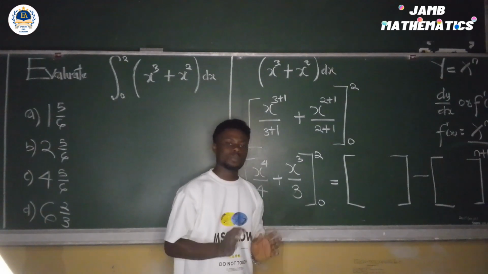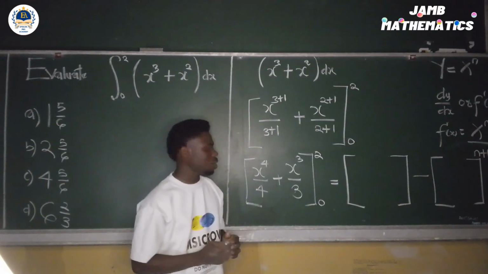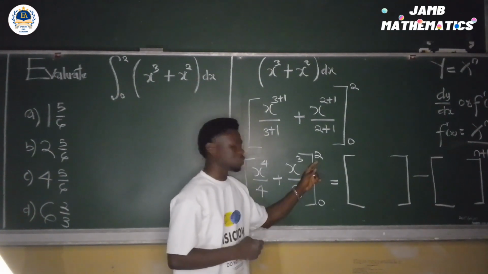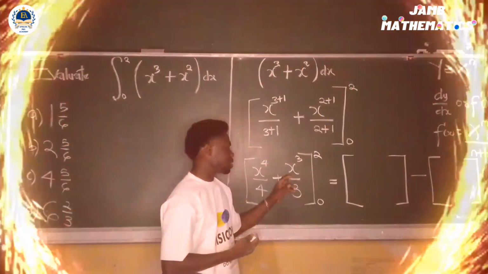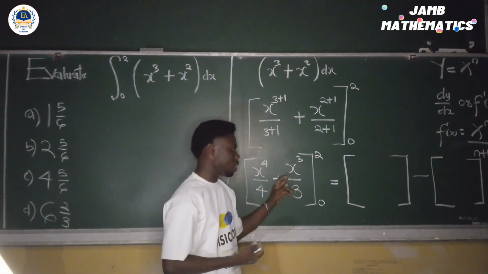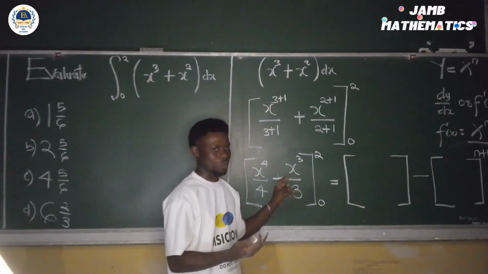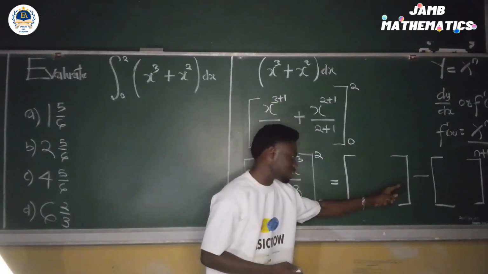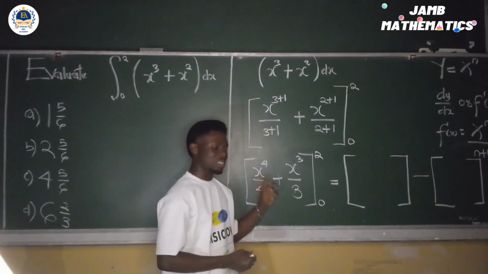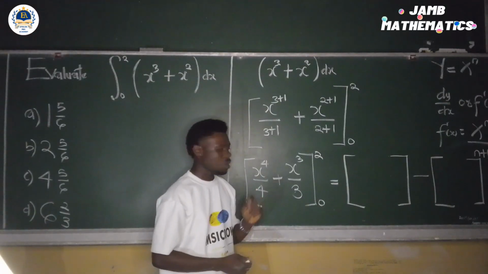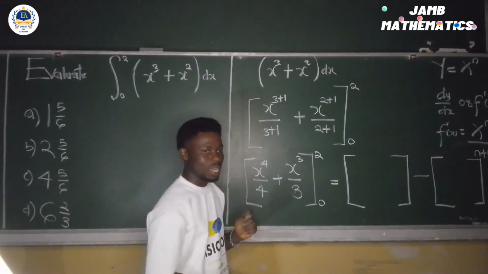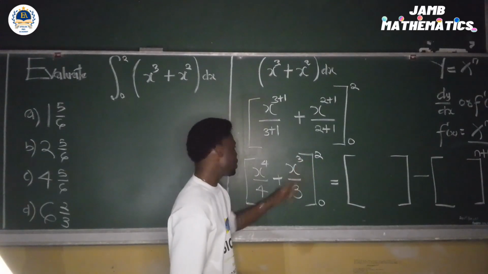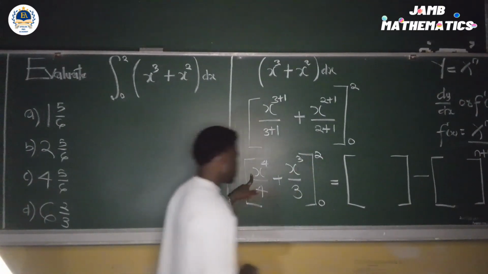So this thing is very simple. In the first bracket, we are going to replace x with the upper limit, which is 2. Anywhere x is written here, we are going to replace the x with 2. Whereas in the second bracket, we are going to replace the value of x with 0. Now in the first bracket, which is basically for the upper limit, anywhere x is written, I will put 2 there.